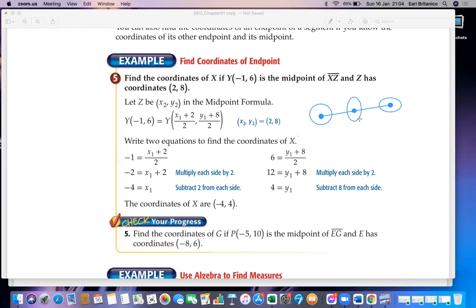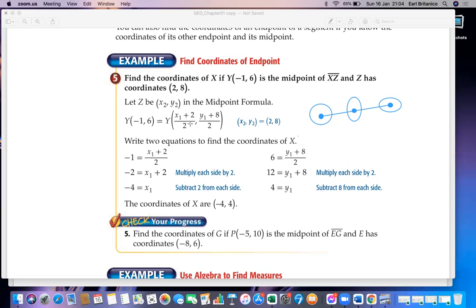The midpoint is equal to x1 plus x2, where x2 is positive 2, all over 2, comma, y1, the y of x which we're looking for, plus 8, the y2 from z, all over 2.